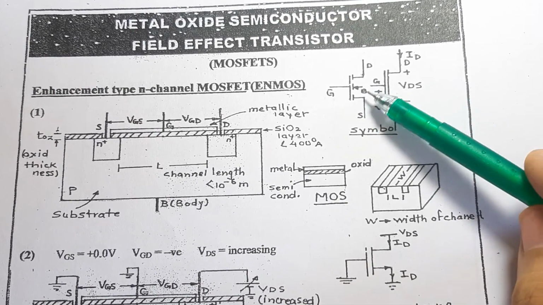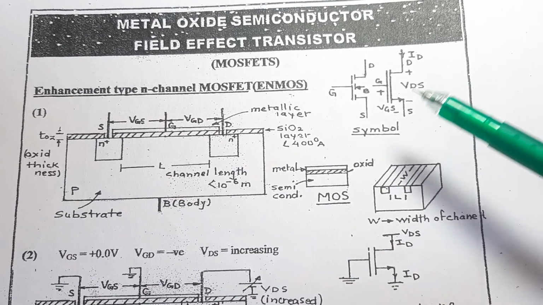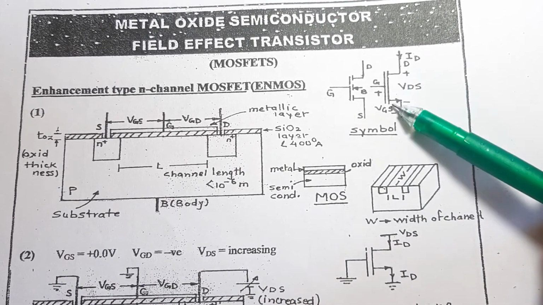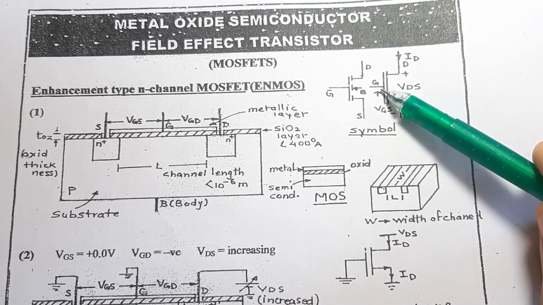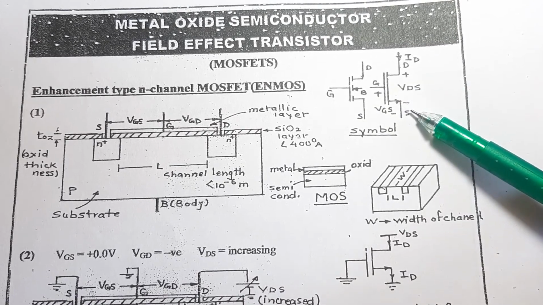If you don't want to go with this diagram, you can also use this symbol, given as two parallel lines, with the middle terminal being the gate, the upper terminal being the drain, and the lower terminal being the source.